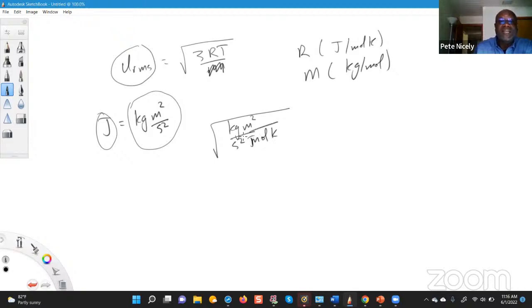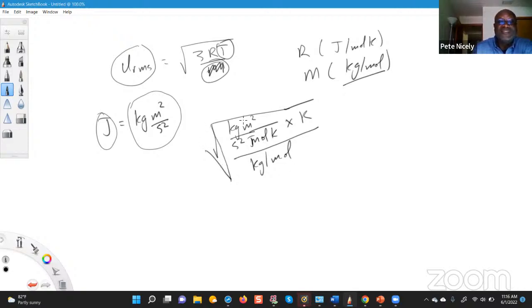And then I'm going to multiply that by the units of temperature, which would be Kelvin. And then I'm going to divide all of that by the units of molar mass, which, as I said before, must be expressed in kilograms per mole. So let me put kilograms per mole down here.